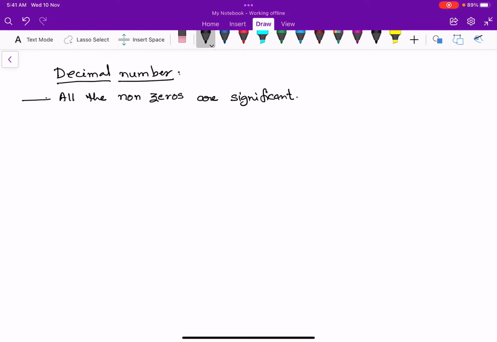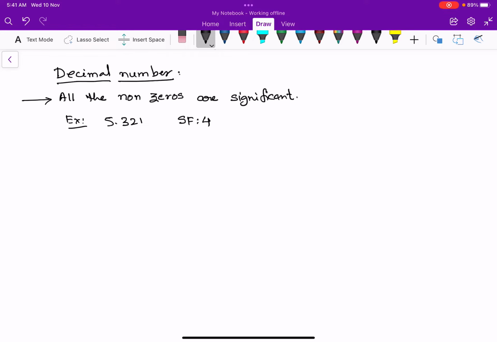First one, example: 5.321. All non-zeros. Significant figures are 4.